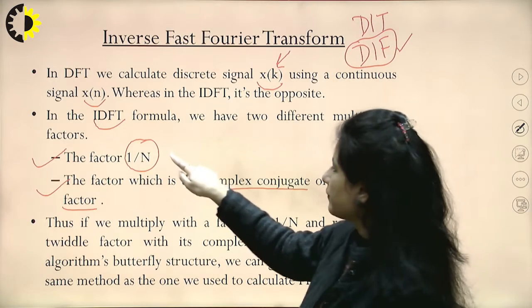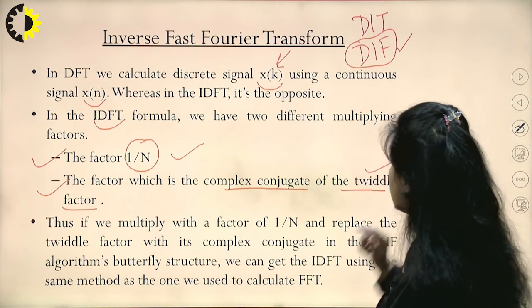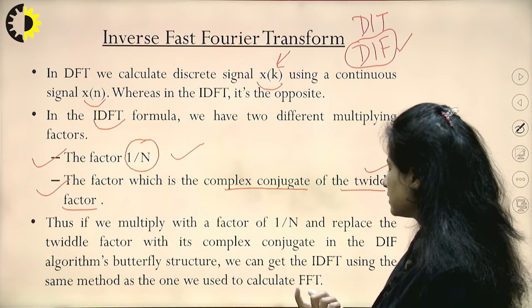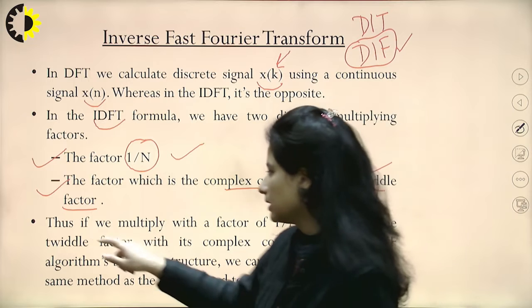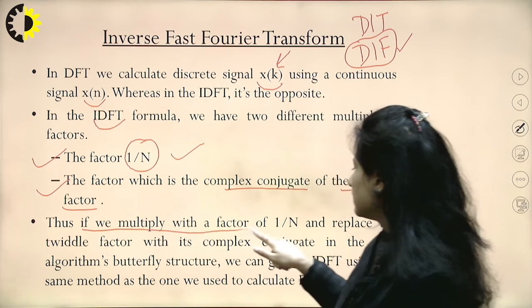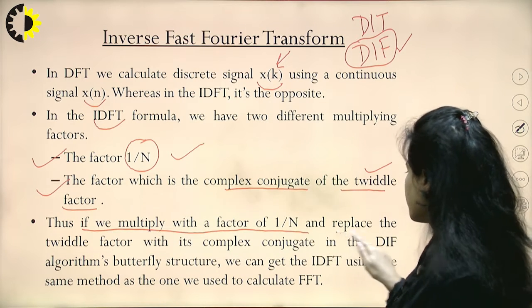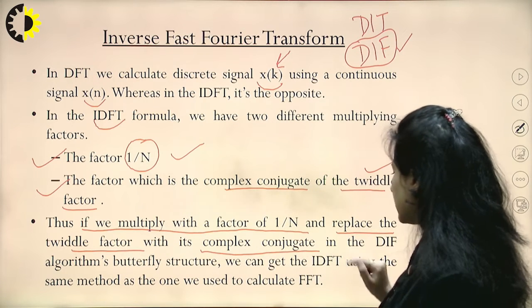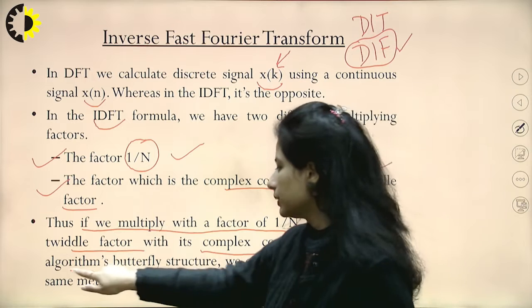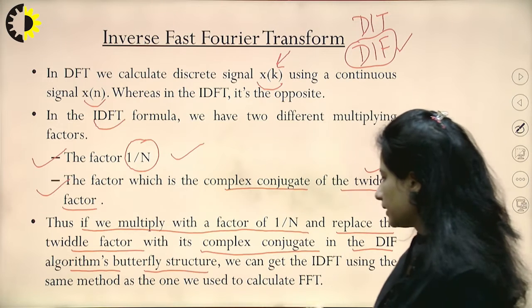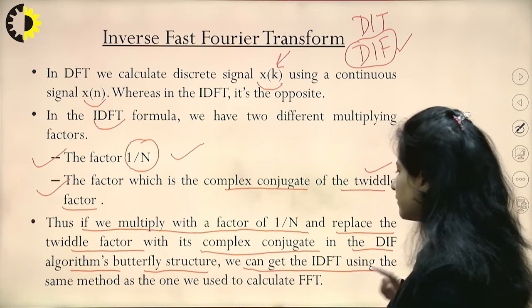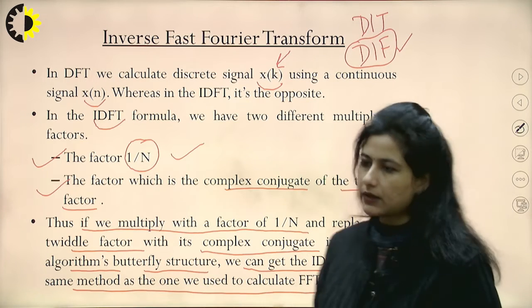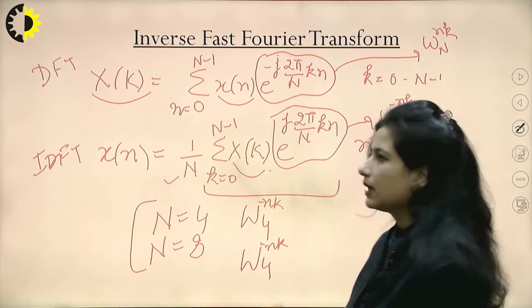These are the two differences which come directly from the definitions of DFT and IDFT that will be incorporated into the graph of the IDFT. If we multiply the entire result by 1 by n and replace the Twiddle factor with its complex conjugate in the DIF algorithm butterfly diagram that we have created, we can get the IDFT using the same method that we were using for calculating the direct FFT algorithm.